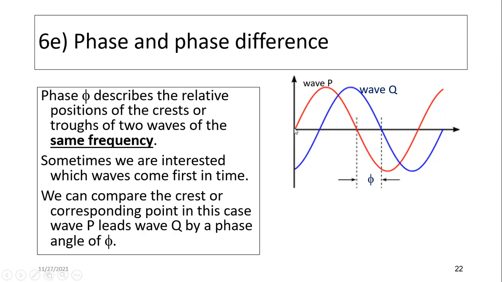Then we can say P comes first, leads wave Q by a phase angle of phi. We can look at any of these distances, and there is the same angle, phi. Anywhere we look, at corresponding points, or at these two parts at the same height, it should be phi.